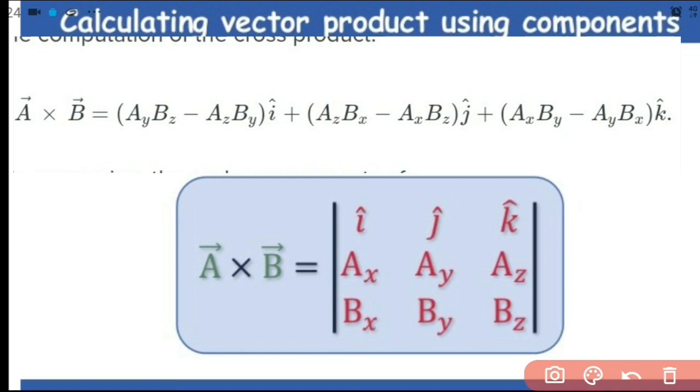So this equation you have to learn by heart, and using this equation only we can find the cross product.